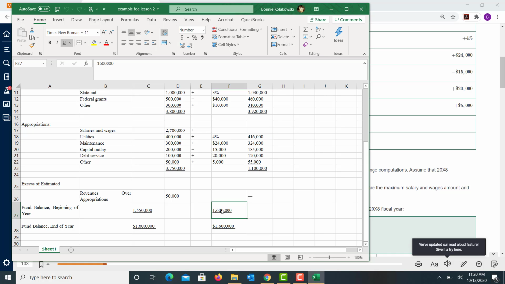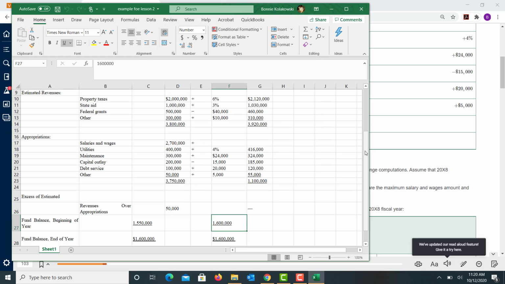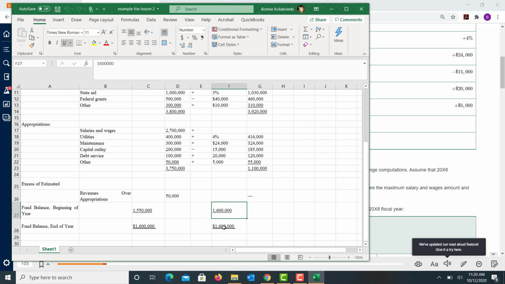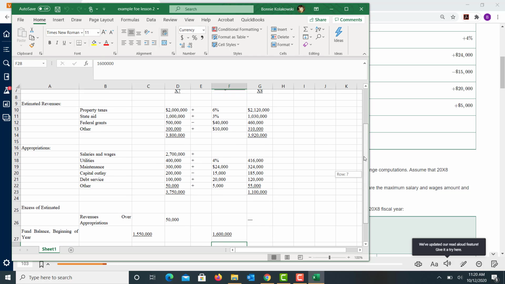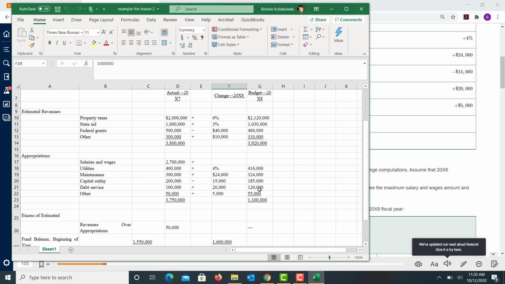So you want your ending fund balance to be 1.6 million. That's where you're going to have to do some math here in order to get this salary information.